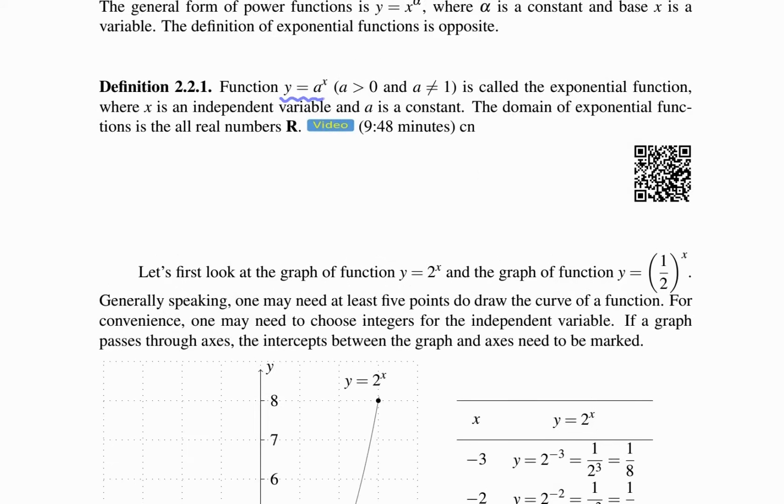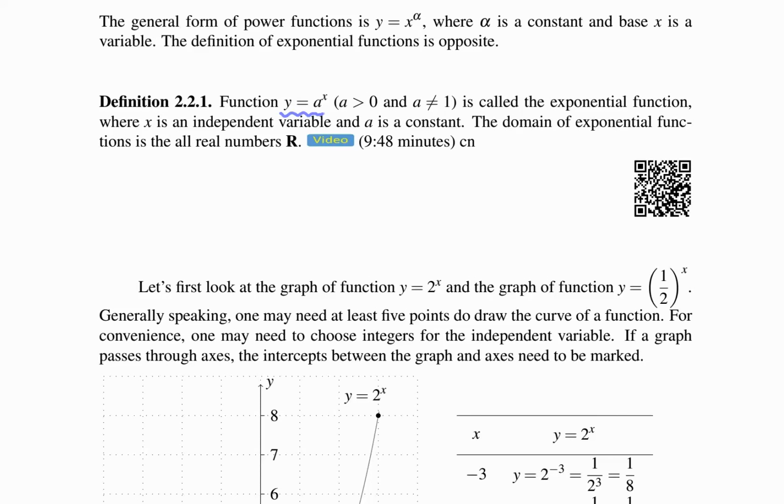Previously, we have talked about power functions. There we know alpha is a constant, x is an independent variable. And here the variable is an exponent, and the constant is the base a.